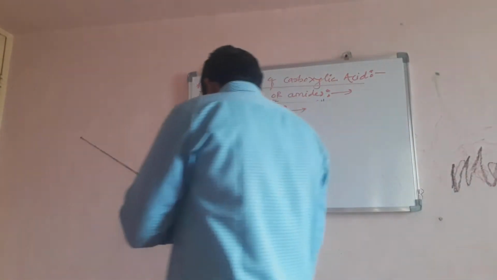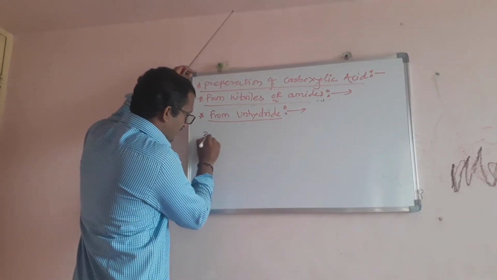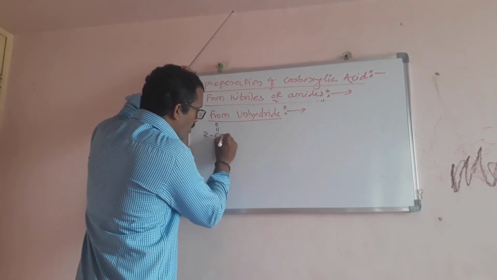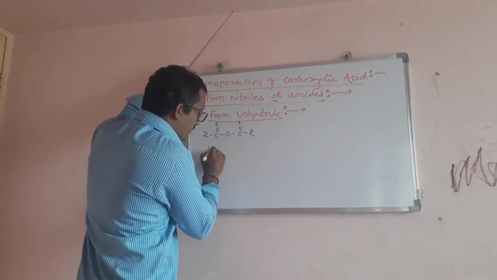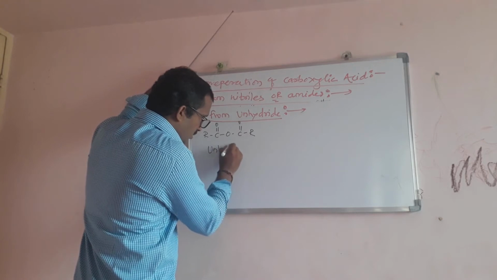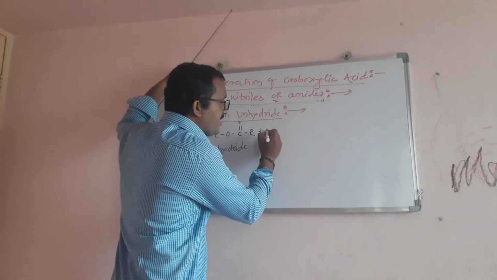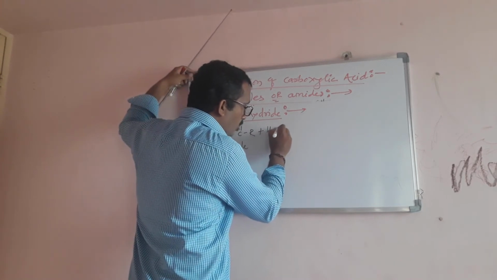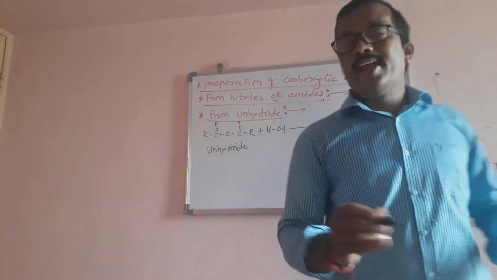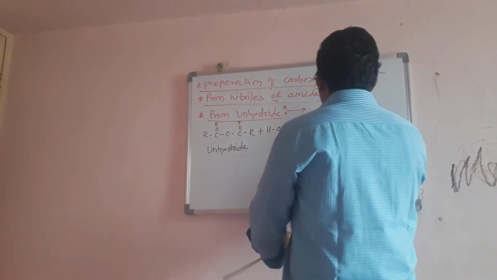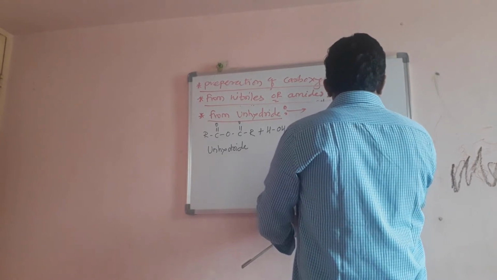The anhydride is represented like this: RC double bond O, O, C double bond O, R. This is the anhydride. This anhydride is reacted with water to get converted to the corresponding carboxylic acid, RC double bond O OH.